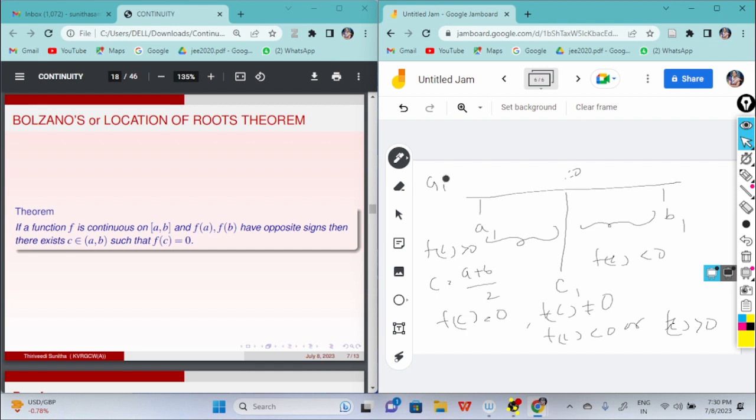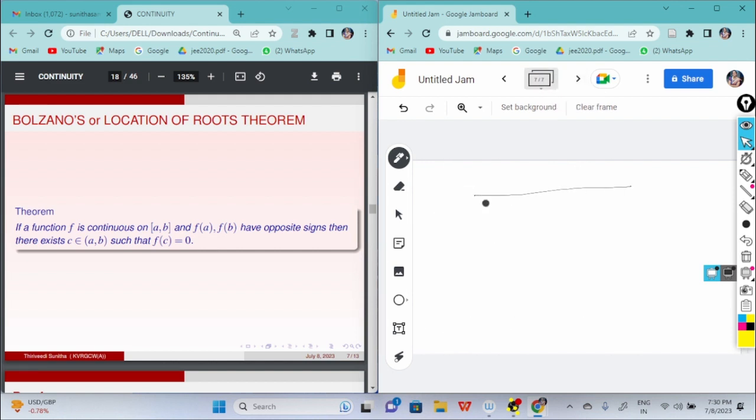Previously [a, b] I took as [a1, b1], and between it is c1. Since f(c1) is not equal to 0, I will check whether f is 0 in this interval or in this interval, any one of these intervals.